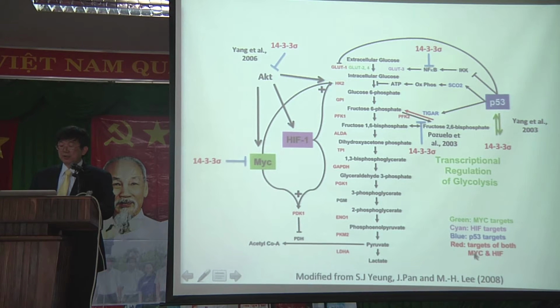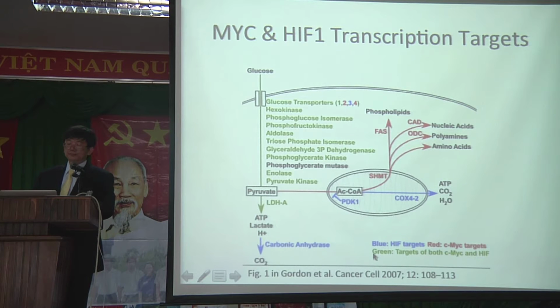You can see here that the red enzymes are the targets of both MYC and HIF, starting from glucose transporter GLUT1, and then hexokinase 2, all the way down to LDH type A. These are regulated by both MYC and HIF. Now this is another version of the transcription targets of MYC and HIF involved in metabolic pathways.